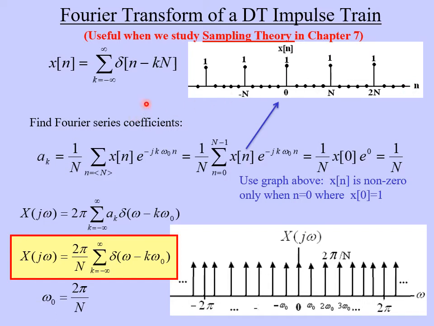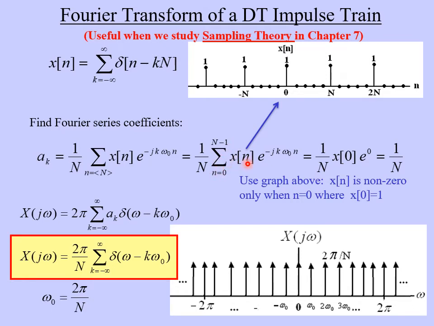To find the Fourier transform of this thing, we need to find the Fourier series coefficients first. We actually did this again back in chapter 3, so I'm not going to spend a lot of time on this right now, but from chapter 3, to find the Fourier coefficients, we plug the value of x of n into this formula right here, the summation, and of course x of n just has the value of 1, and by the way, we sum it over one period.